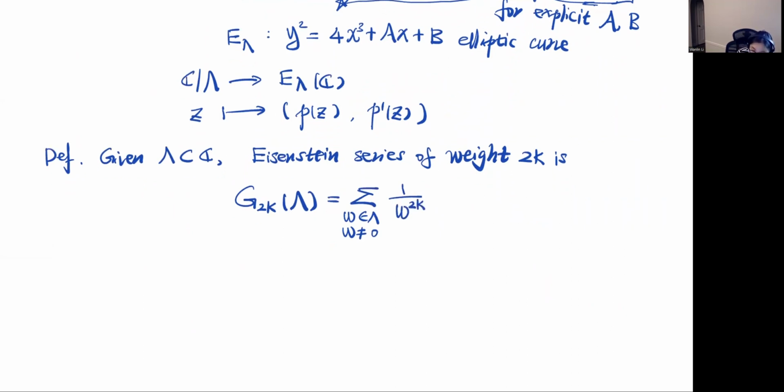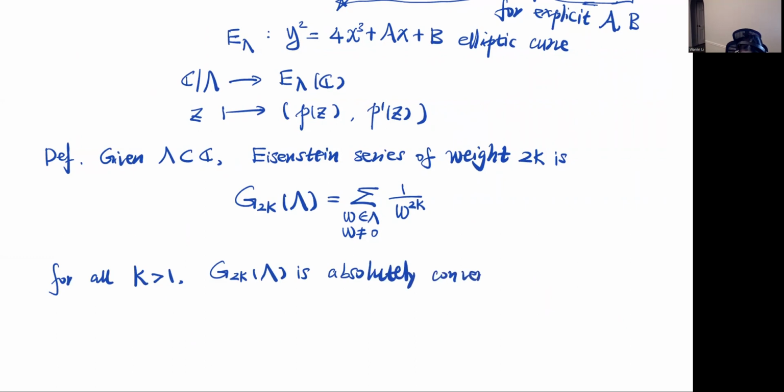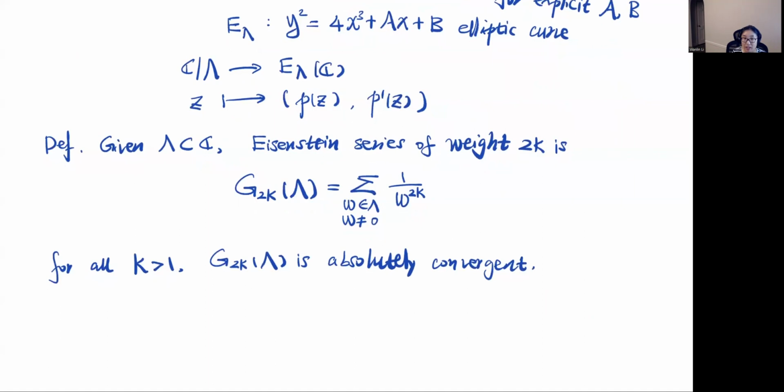The point is that for all k greater or equal to 1, this series G 2k of lambda is absolutely convergent. Very concretely, this means that if you give me a lattice lambda and an integer k greater than 1, G 2k of lambda is just a number.